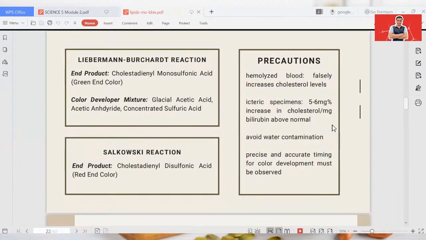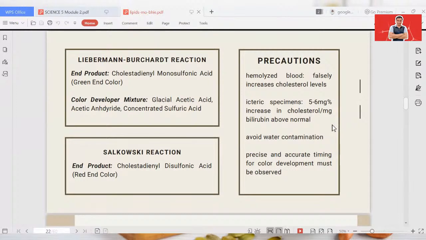So first is the Lieberman-Burchard reaction, where in this method or test, it detects cholesterol where the cholesterol is dehydrated with concentrated sulfuric acid and oxidized with acetic anhydride and also glacial acetic acid that produces cholestyramine monosulfonic acid that is green in color.